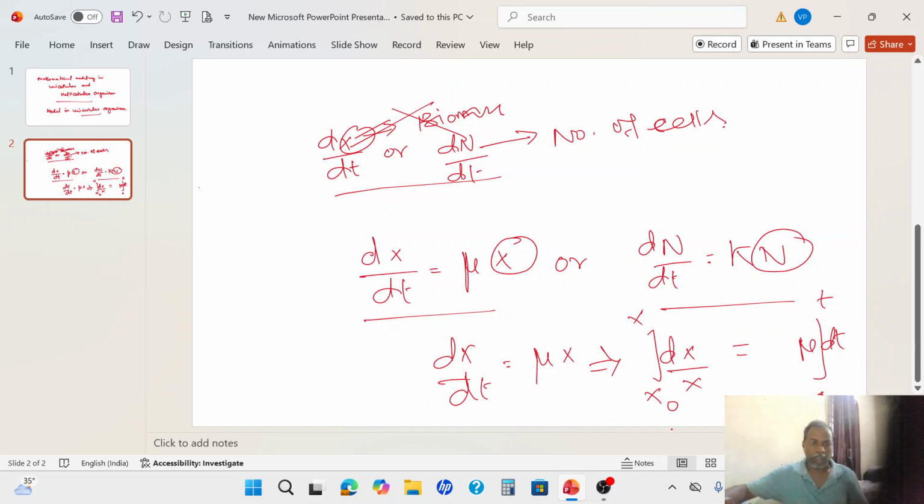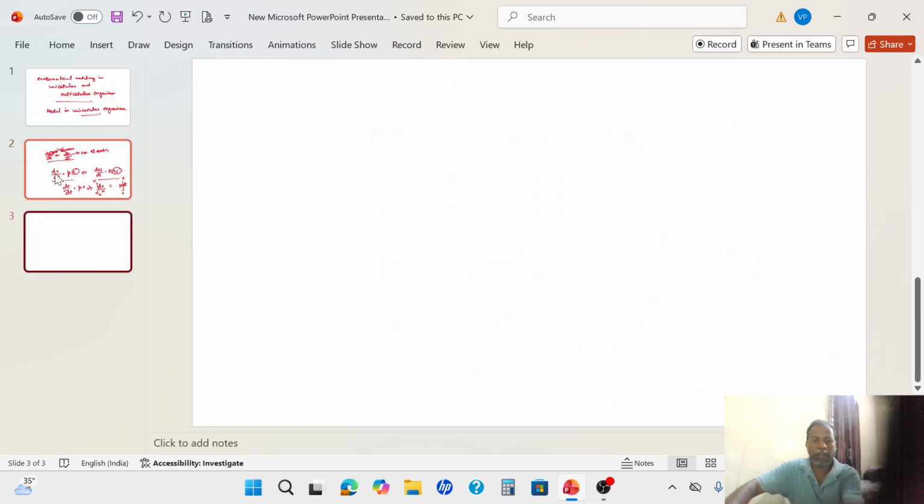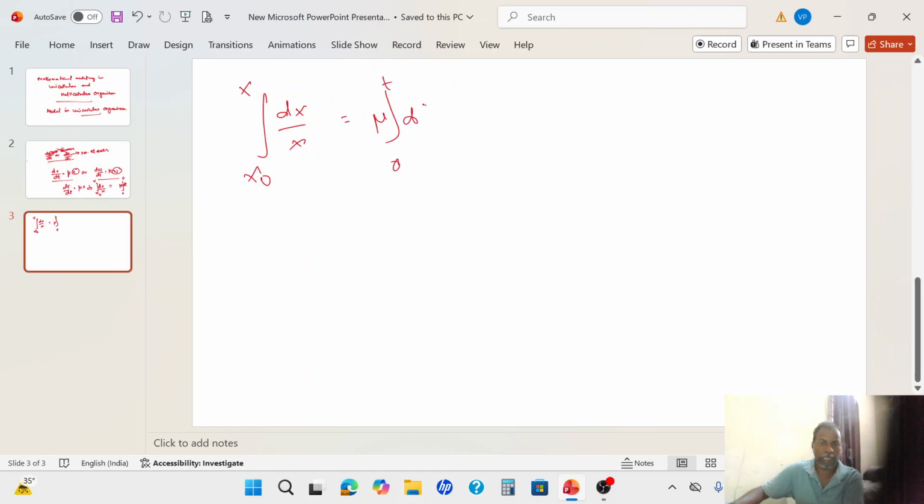So dx by x with the limit of x naught to x is equal to mu into dt from 0 to t.